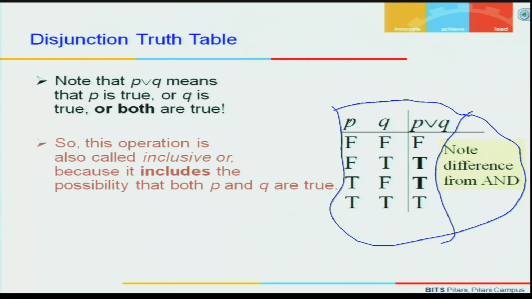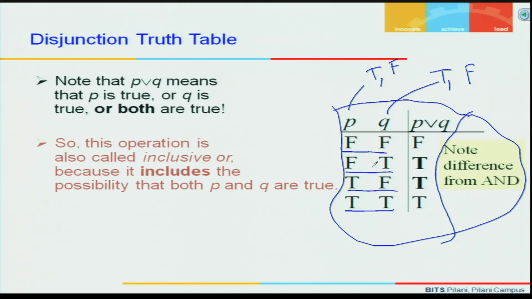Because when you are operating on P and Q, P can take only true or false and Q can take only true or false, and they are independent, so only four rows you are going to get. Hence, any binary operator operating on two operands will have to be defined for these four combinations, isn't it?